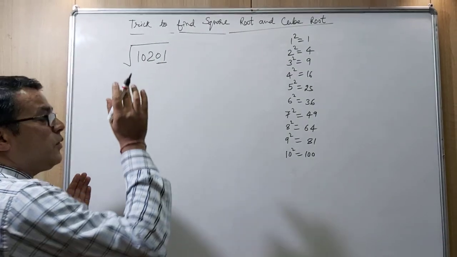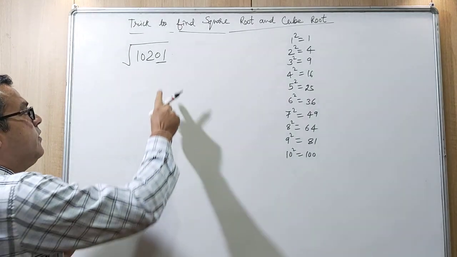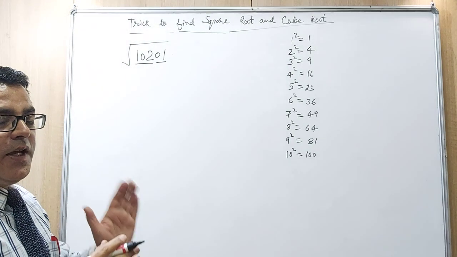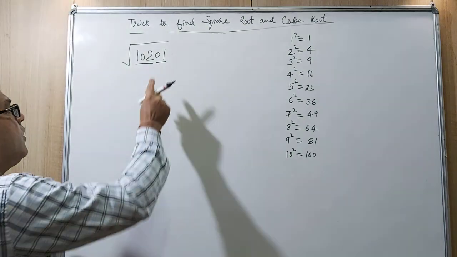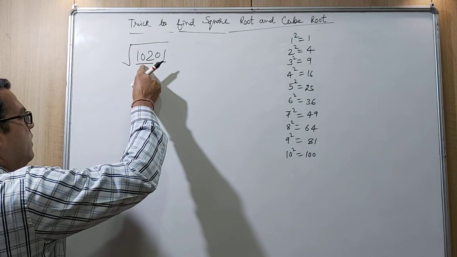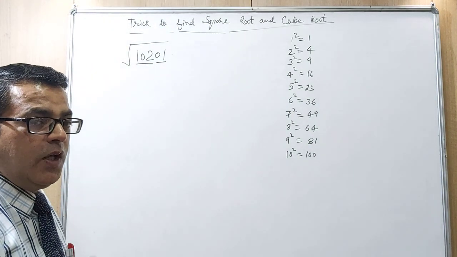Your first group from the right side should contain only 2 digits, that is 0, 1, and the rest of the digits you can take in a single group. Don't take it as 1, 0 and 1 as a first group, 0 and 2 and 0 in a second group, and then 1 as a third group, as we do in the division method.